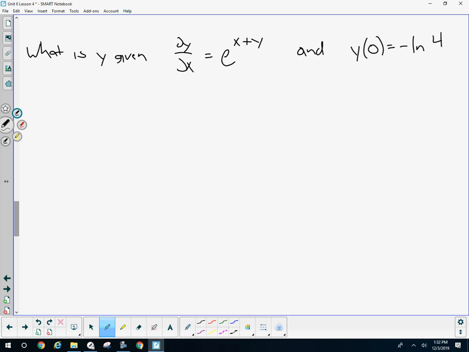We're going to use our exponent properties to write this as e to the x times e to the y. Okay, don't race ahead because many of you will not get the antiderivative step correct. Divide by e to the y, multiply by dx. So the e to the y ends up in the denominator, 1 over e to the y. Dx next to the e to the x.